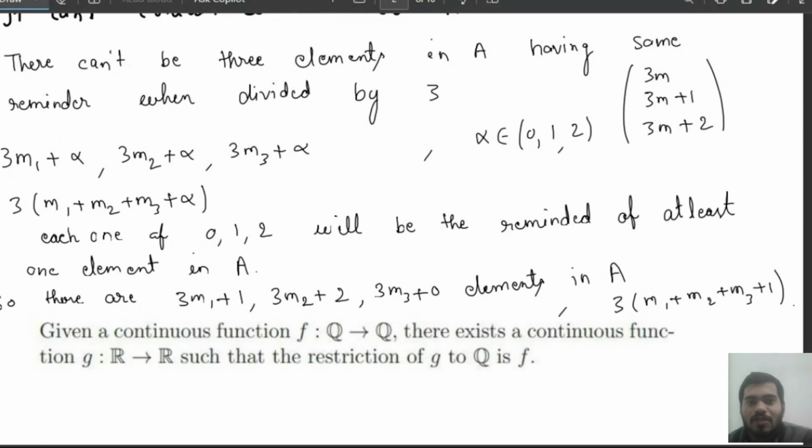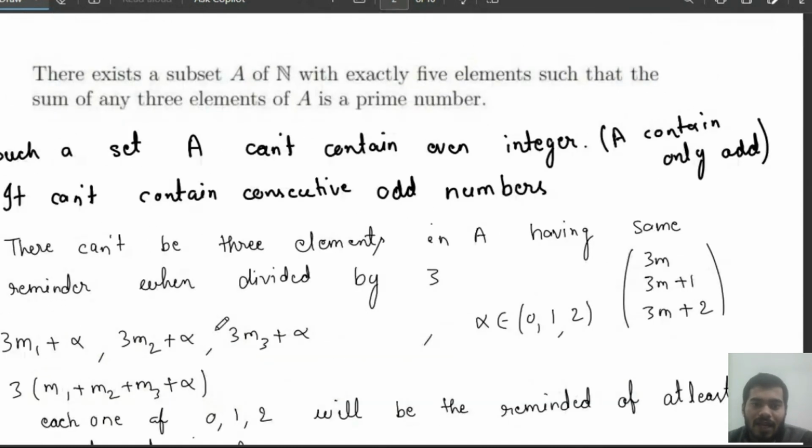So it is not possible to have a set of 5 elements such that the sum of any 3 elements of that set is prime. So it is false.